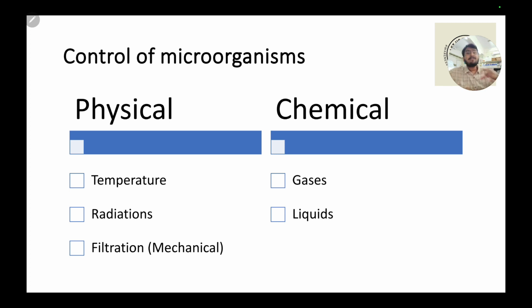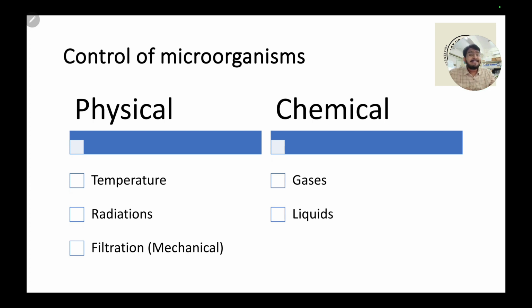So it becomes very crucial to understand whether the agent you are making use of to control microorganisms is even safe. Safety is always given preference. If the agent is safe for humans, then probably you can use it as a therapeutic agent.